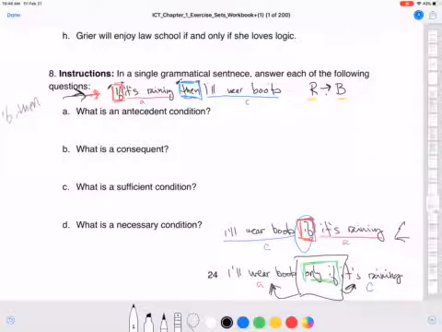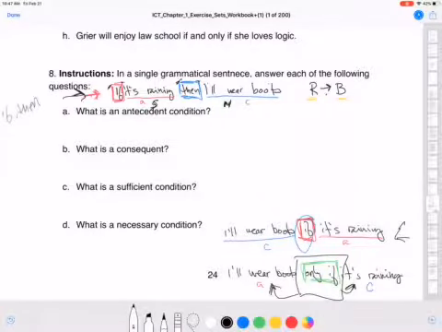Now, what does that have to do with necessary and sufficient conditions? Typically, when you have an if-then statement written in the normal form, the thing that comes right after the if, the antecedent, is often the sufficient condition, and the thing that comes after the then is often the necessary condition.